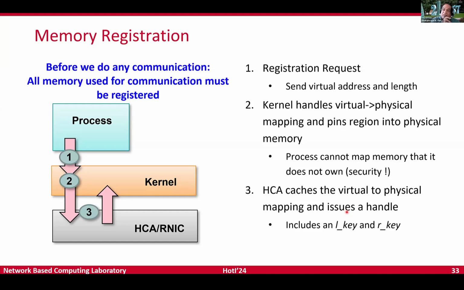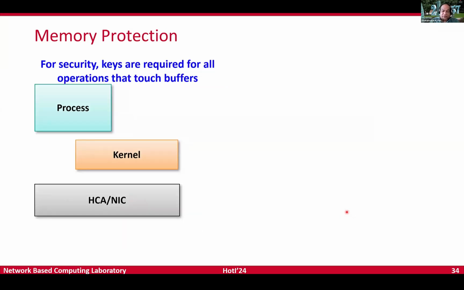Just like a processor cache, all these adapters have a cache. So it puts that virtual to physical address mapping there and gives two keys. One is called a local key, for your own local use, and the R key if it wants somebody else to write to you.